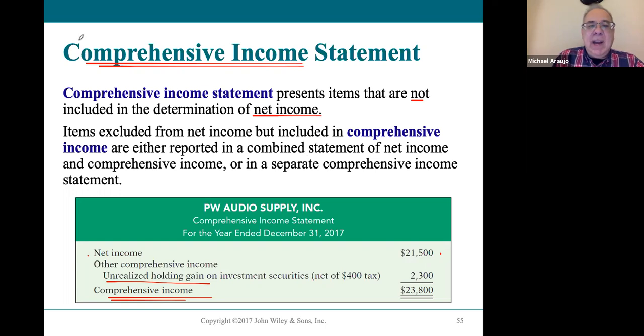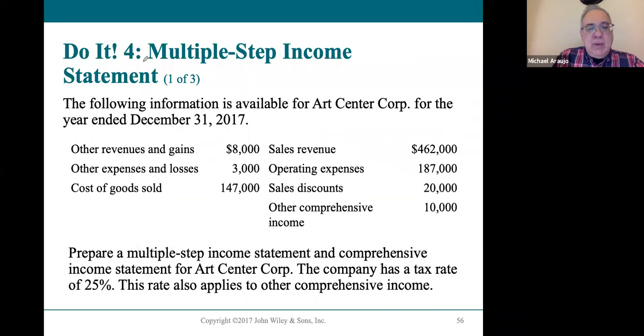Okay. Again, I'm not going to emphasize this very much. I just wanted to introduce to you what it is because you'll see it and you should know what it is. So the do-it exercise for this particular part of the chapter is preparing that multi-step income statement. Okay. This particular company is the Art Center Corporation, and it had a year that ended December 31st of 2017.